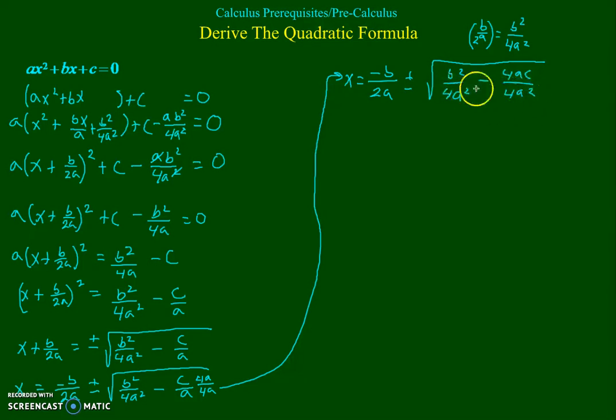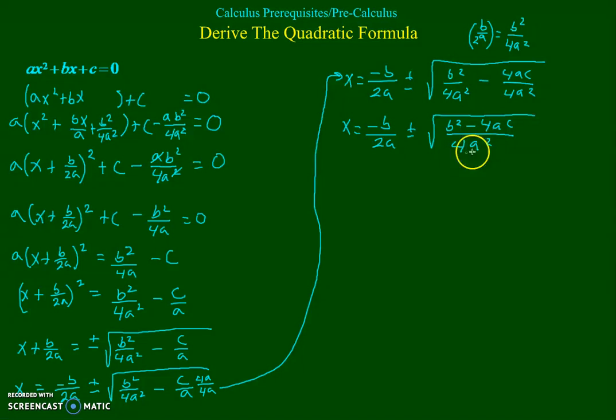Now I can combine these two fractions into one. So that gives me x equals negative b over 2a plus or minus the square root of b squared minus 4ac all over 4a squared.